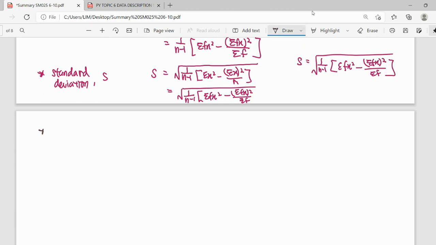You learn how to draw your stem and leaf when you get your data, and then you draw your box and whisker.